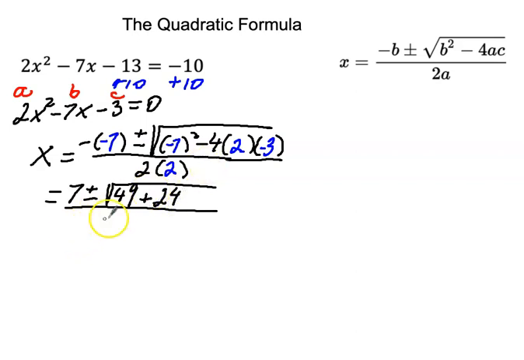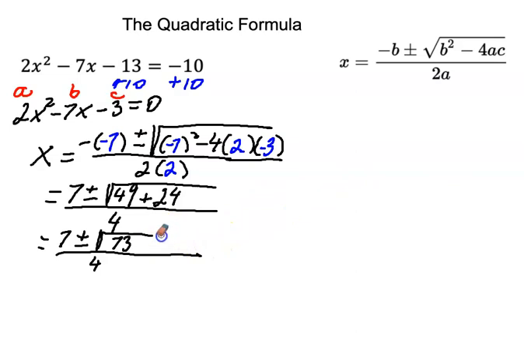Now, divided by 4 equals, we still have something to evaluate, so let's keep evaluating. We have 7 plus and minus the square root of 49 plus 24, and 49 plus 24 equals 73, divided by 4. At this point, we can try to see whether we can simplify the square root of 73, but it looks like we cannot.